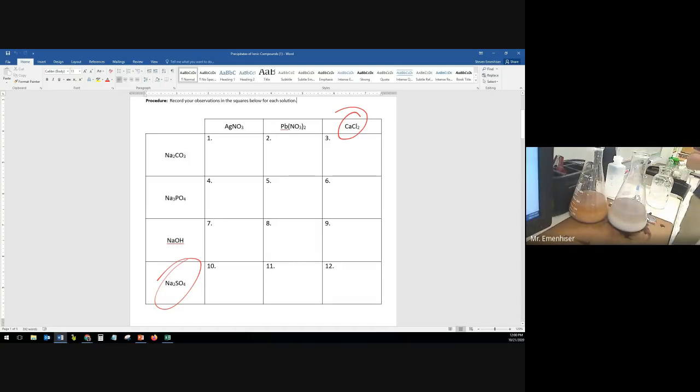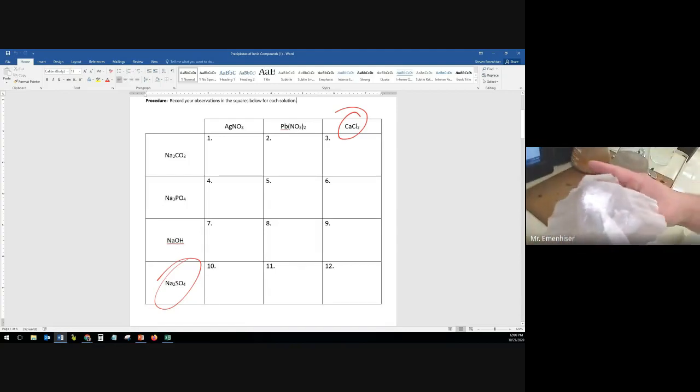Here's number two. Number two was lead carbonate. And so that is the solid that we get from it. Very nice. You can see that. Hope I don't get this on me. So that's a nice white solid there. The lighting in here is not too great. Let me see if I can turn off the lights.